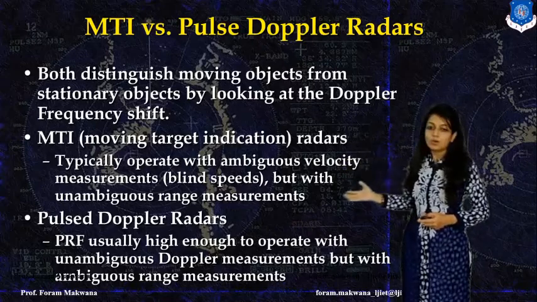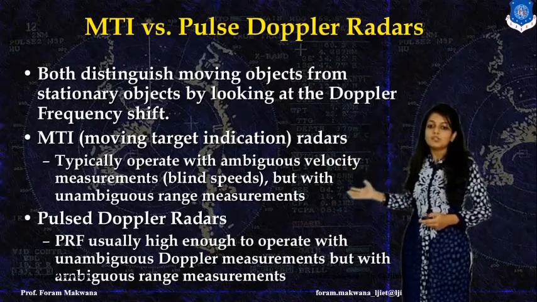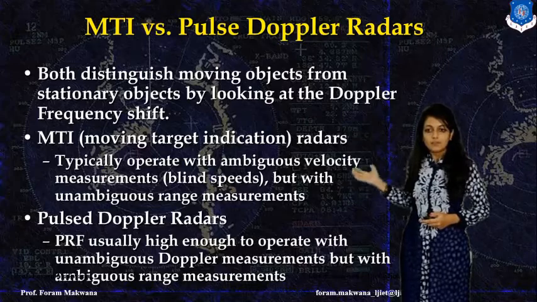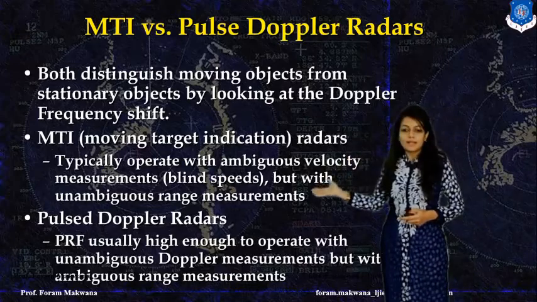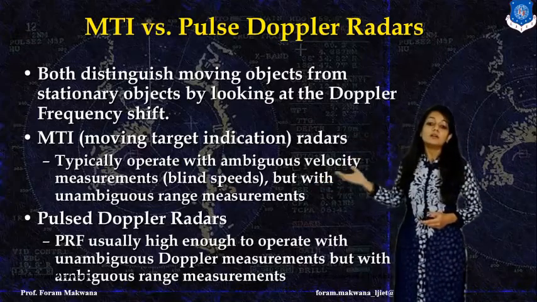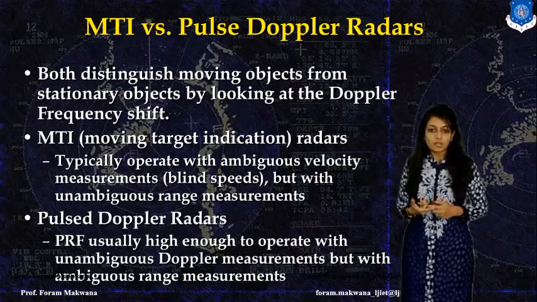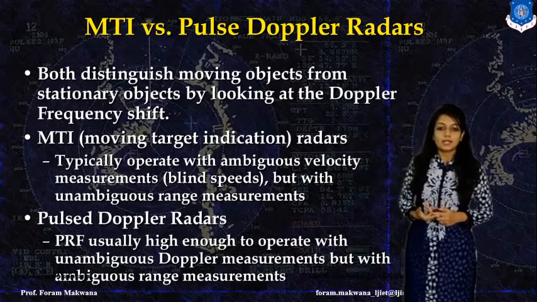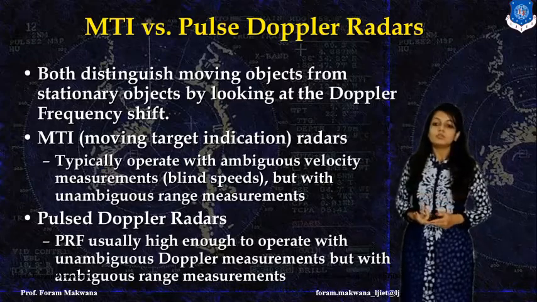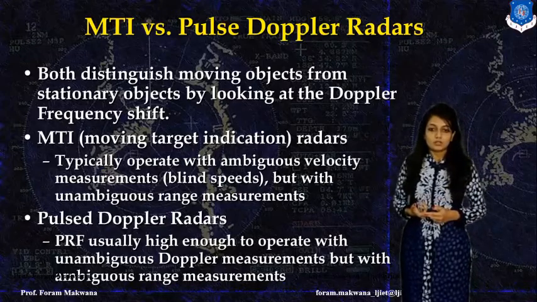So they are typically operating with the ambiguous velocity, which is also known as the blind speed, but with the unambiguous range measurement. That means it gives you the velocity information of the target, but it doesn't give you the range information. Alright?